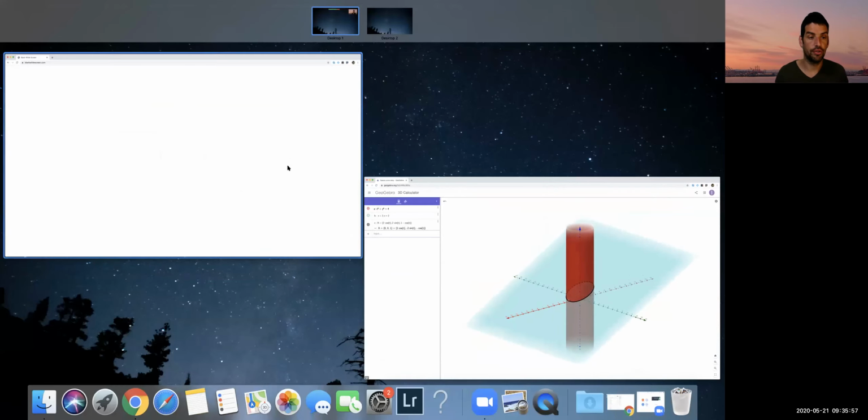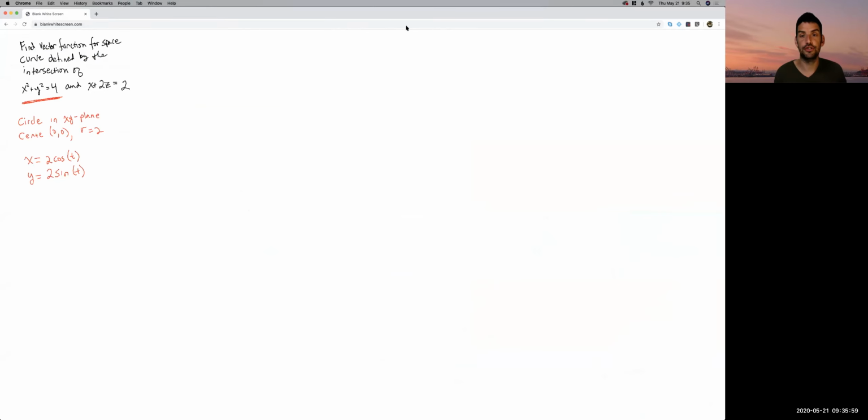So what we need to now do is just incorporate the fact that this curve lives on this plane, x plus 2z equals 2. So as long as we hold this relationship true, then we have to live on that plane, right? So we've already ensured that the first relationship is true. Every x and y coordinate, if you square them and add them together, you'll get 4. Now we need to have this relationship between x plus 2z equals 2.